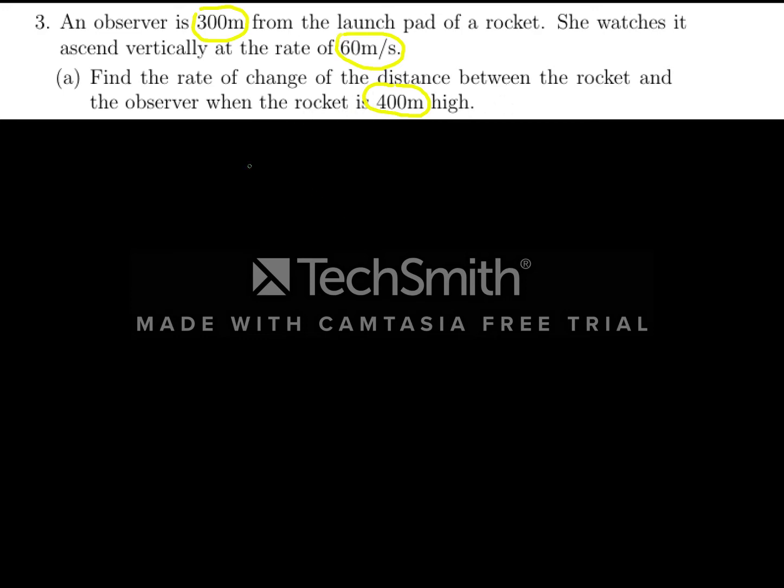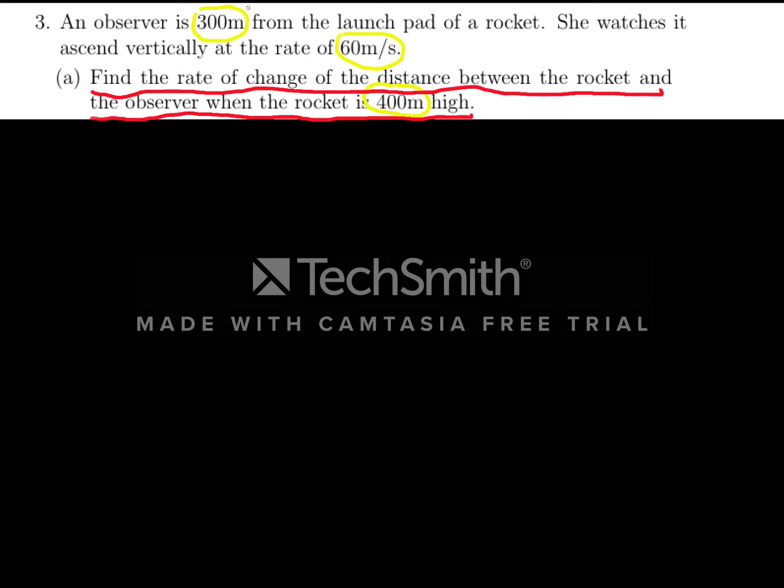So here's the question: we want to find the rate of change of the distance between the rocket and the observer when the rocket is 400 meters high. And then boxing any math expressions.